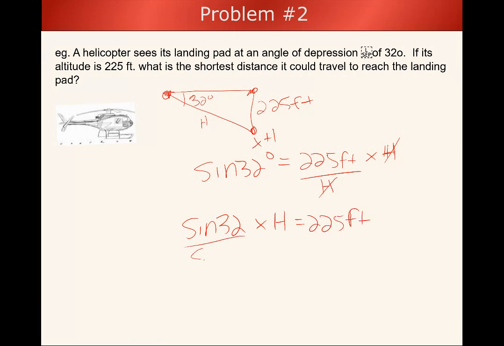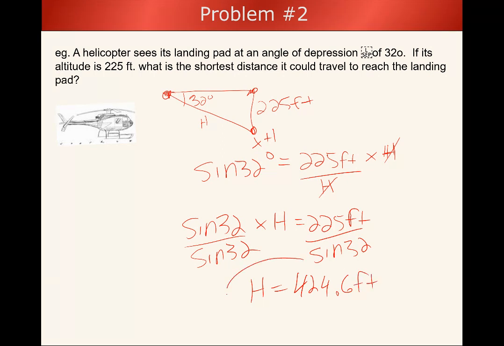And then I got to divide both sides by sine 32. And you end up with h equals whatever 225 divided by sine 32 is. And I got 424.6 feet as my hypotenuse.